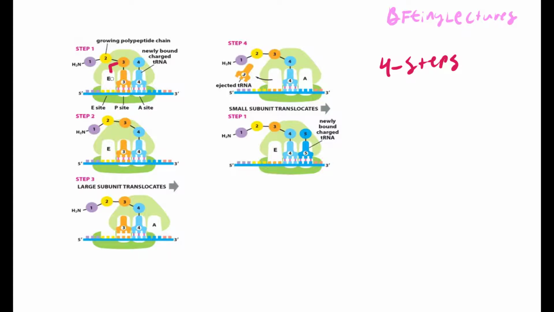Now notice that we have these little things right there. These are the tRNAs. And remember that tRNAs have the anticodon. Again, the anticodon is read from the 3' to the 5'. Now in step 1, the tRNAs are being captured by the large ribosomal subunit.